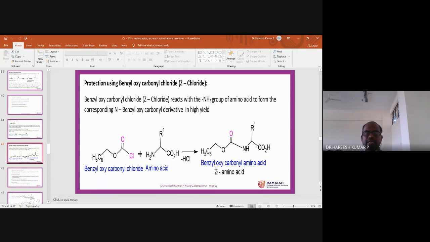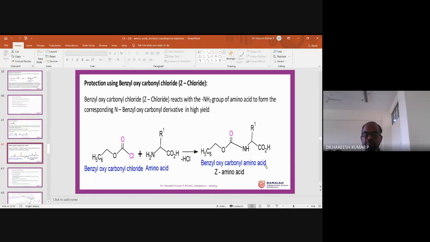Z is nothing but the benzyl oxycarbonyl group. So with this, I will go to the next slide. In the next slide, I will explain deprotection. Now this is a Z amino acid. It is subjected to activation and treated with a different amino acid to get the desired peptide.